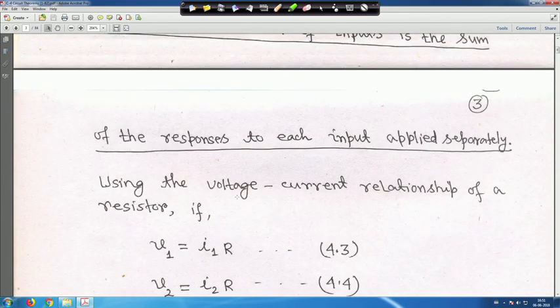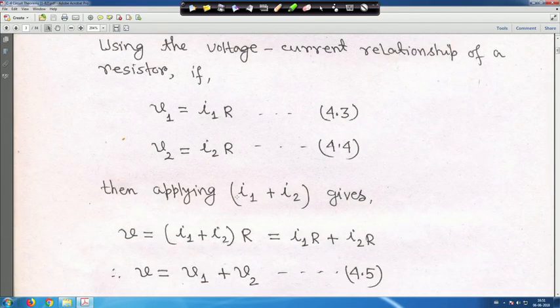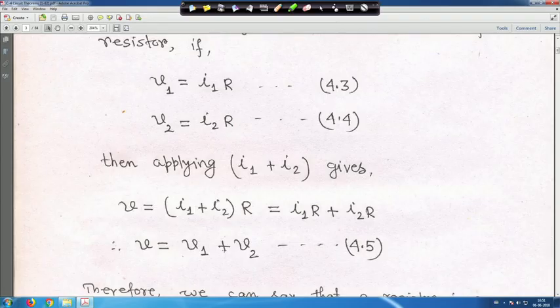Using the voltage-current relationship of a resistor, say V1 is equal to I1 into R, and V2 is equal to I2 into R. By applying I1 plus I2, it gives V is equal to I1 plus I2 into R, that is I1R plus I2R. That means V is equal to V1 plus V2. This is the additivity property.